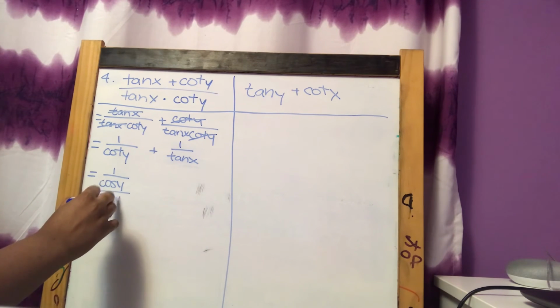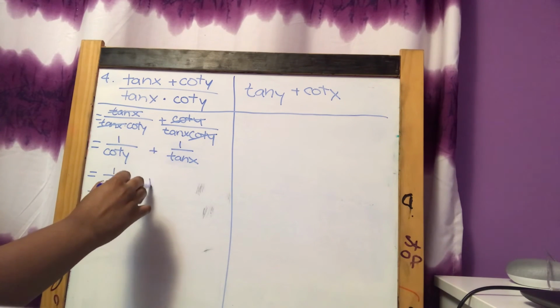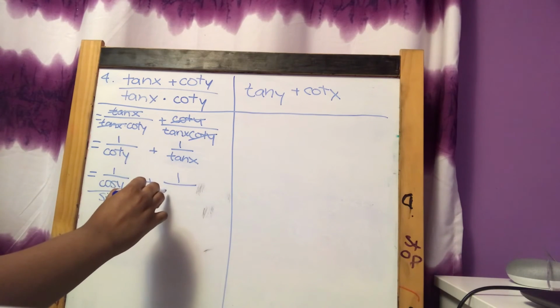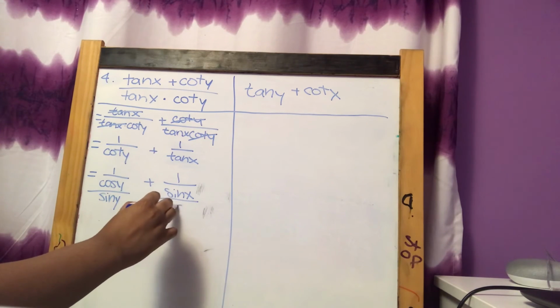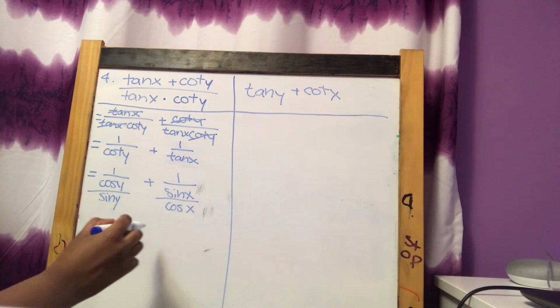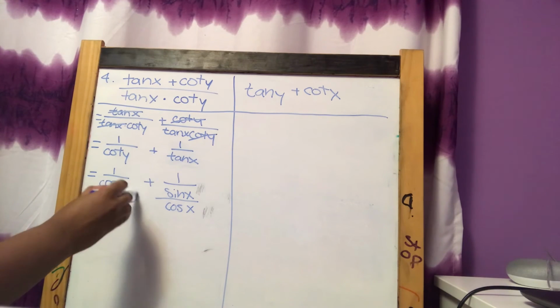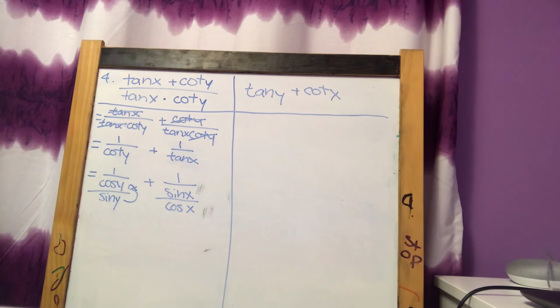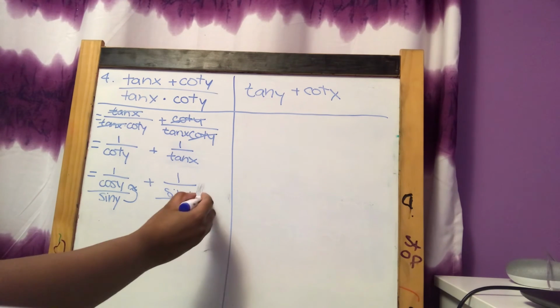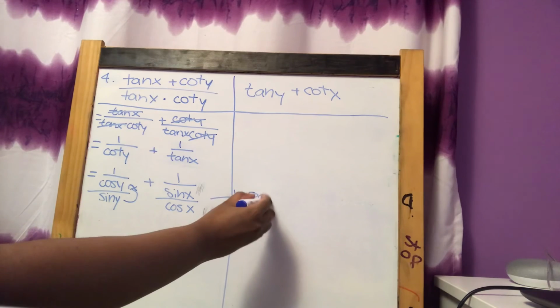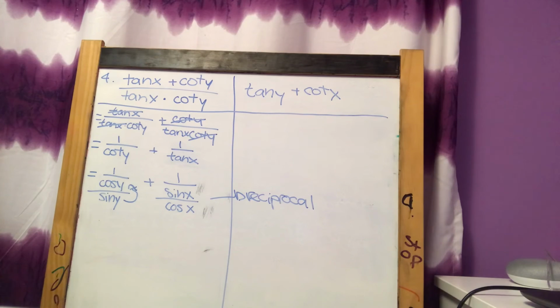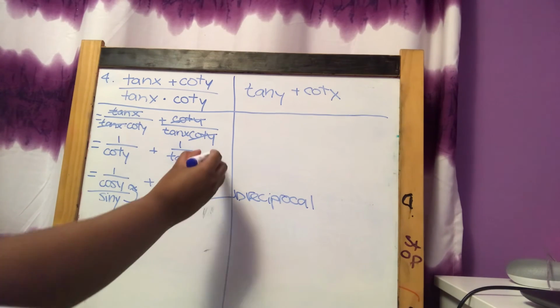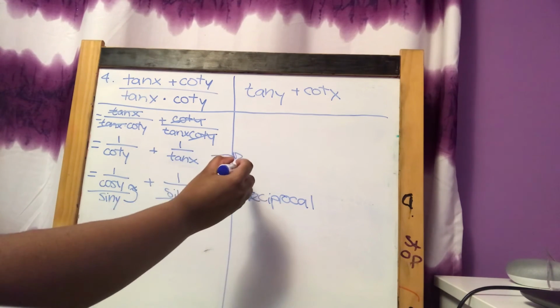Cotangent y is cosine y over sine y, and tan x is sine x over cosine x. Since cotangent and tangent are reciprocals of each other, I would just flip them so it would equal the proper term in the end.